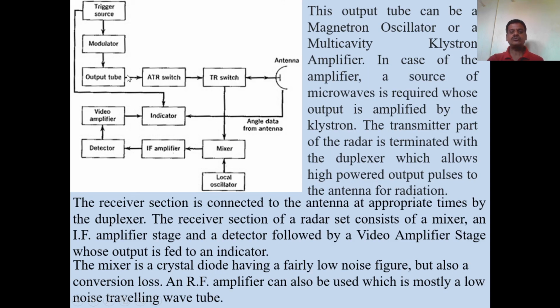and this output tube is nothing but a magnetron oscillator, or it may be the multi-cavity klystron amplifier, and the function of magnetron or klystron is to produce the high frequency microwaves, and therefore we can say that this is the source of microwaves.